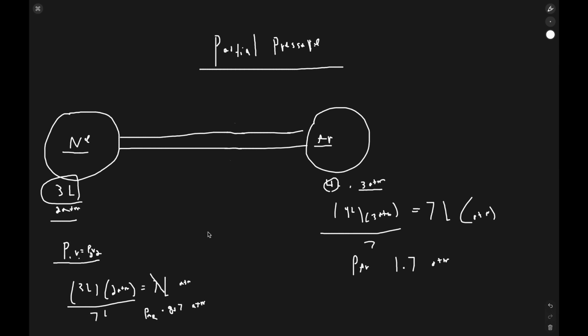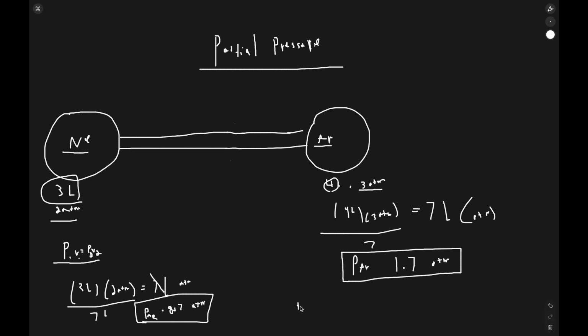What about the total pressure? Well, that's where Dalton's law of total pressure comes in, or Dalton's law of partial pressure. It states that the partial pressure of each gas combined equals the total pressure of the whole container.